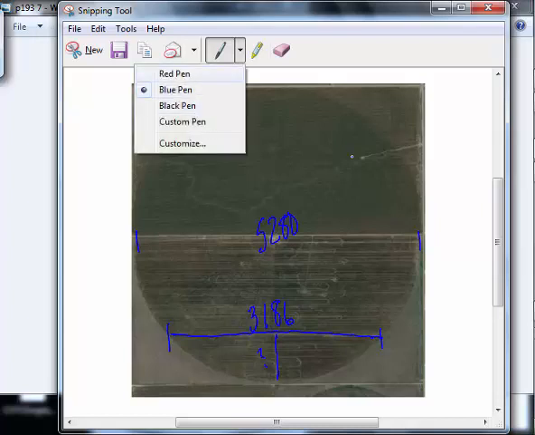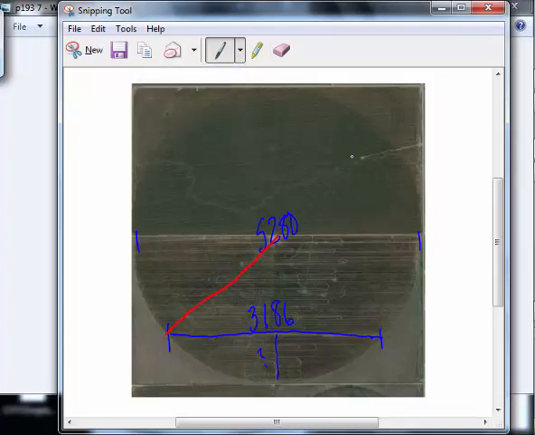To figure this one out, what we can do is show that this is the radius, 2640. This is the radius, 2640. Since this is 3186, half of that is 1593.